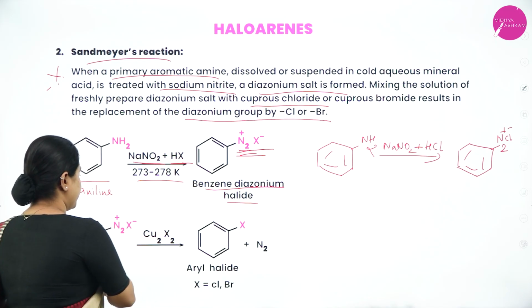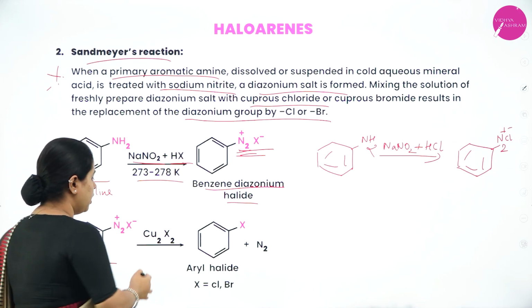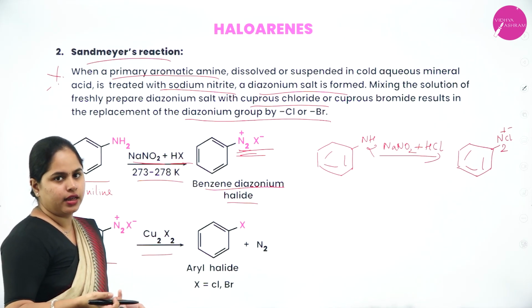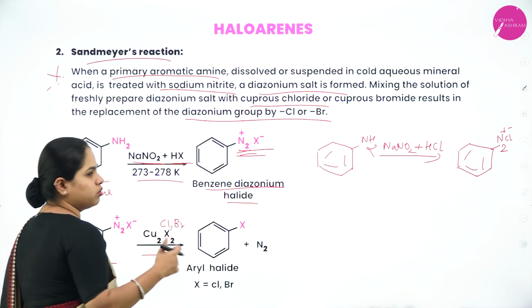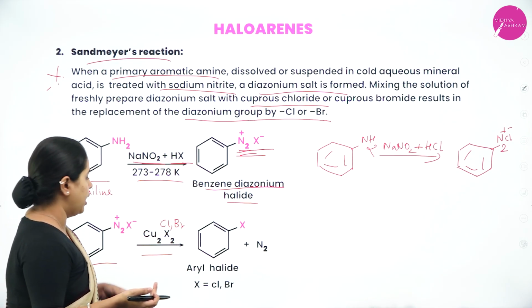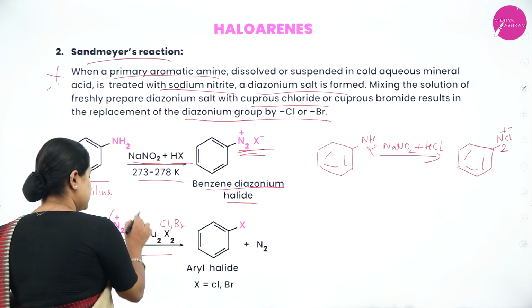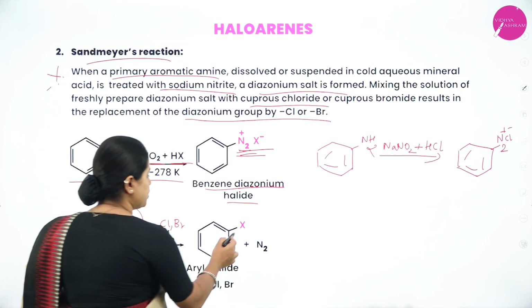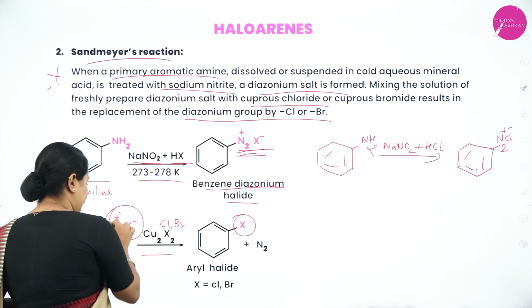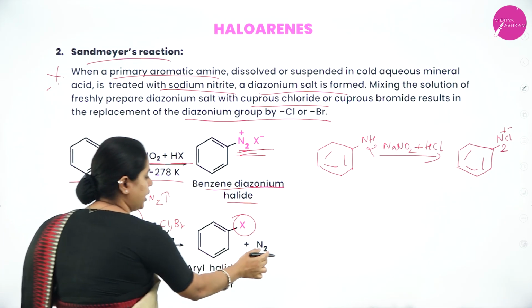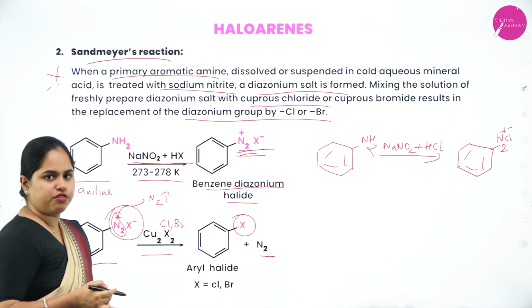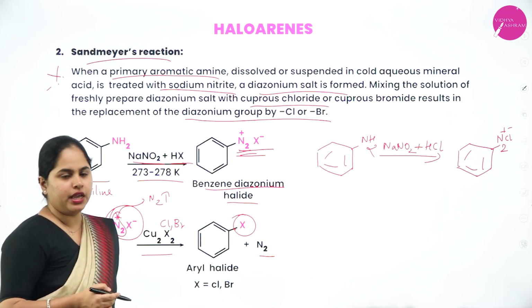Now to this benzene diazonium halide which is formed, we are going to add the cuprous halide, again chlorine or bromine. So Cu2Cl2 or Cu2Br2 you can add. Accordingly, the diazonium part will be substituted by the halogen, and N2 will be removed as nitrogen gas. Only the halogen will be left behind.